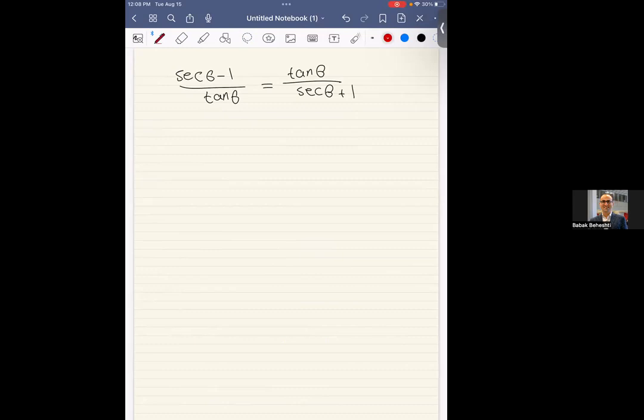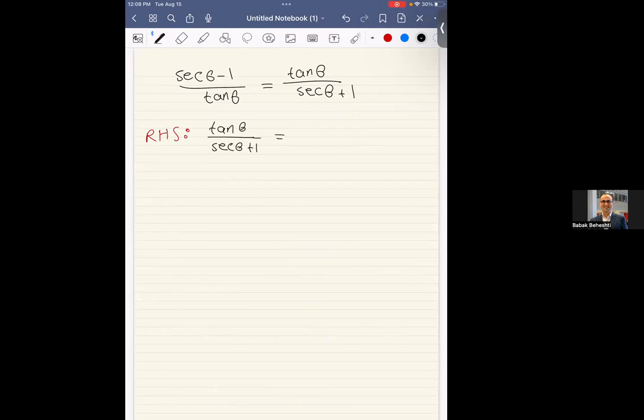So the right-hand side is tangent theta over 1 plus secant theta. So I try to simplify the right-hand side. Let's see what I get.